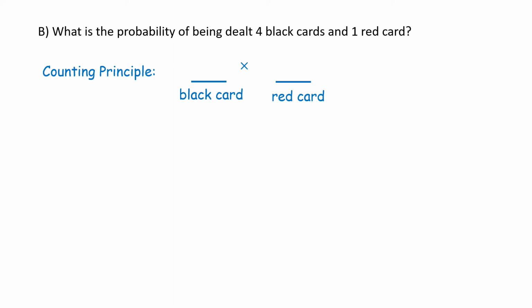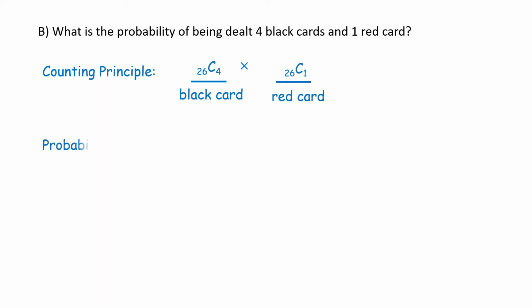You still have 26 black cards in a deck, and you want any 4. Order doesn't matter, so that's a combination. 26 choose 4. For the red, you have 26 red cards, and any red card will do. So that's still a combination. We would write 26 choose 1.